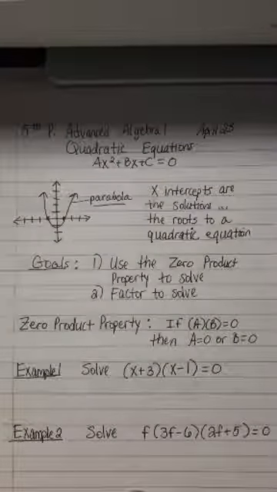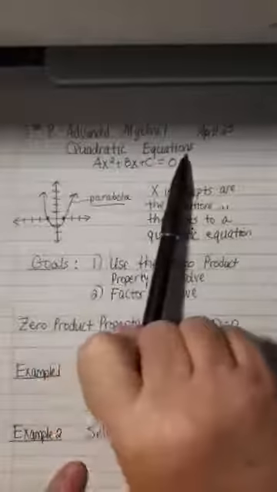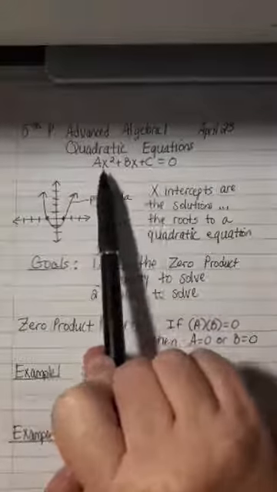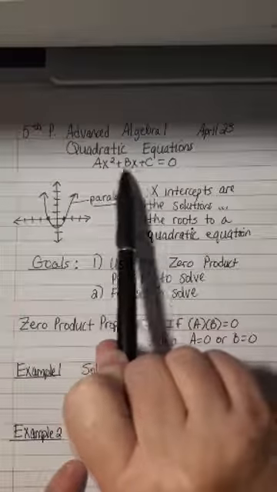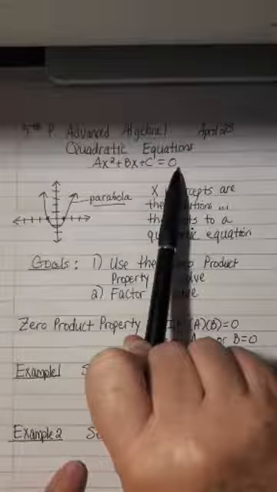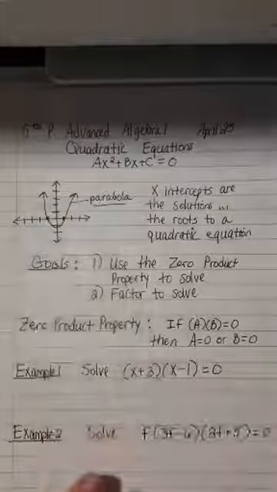A quadratic equation is in this general form, ax squared plus bx plus c. That's the standard form. If it's set equal to y, you would call that a quadratic function. If it's set equal to 0, it's a quadratic equation.